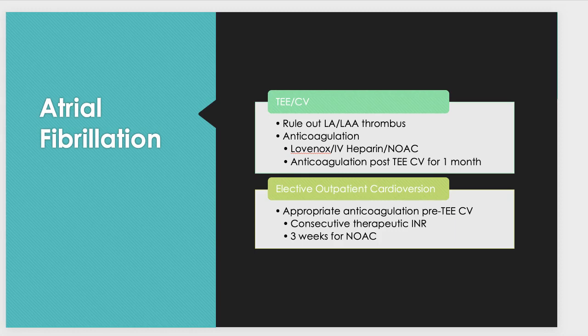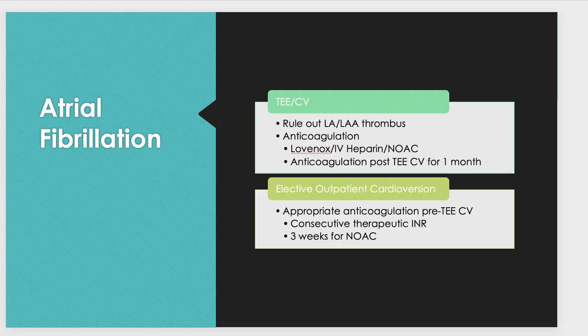So again, treatment for atrial fibrillation: first we need to rule out a left atrial appendage thrombus. So we use a TEE prior. Once that has been ruled out, then we can do a cardioversion.